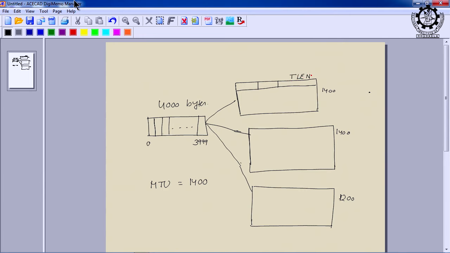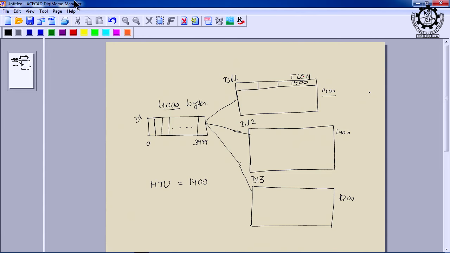In this case, if this is the D1 datagram, and this is D11, this is D12, this is D13, what will be the total length of the D11 datagram? This 4000 is divided into 3 fragments, 1400, 1400 and 1200. So, what will be the total length for this one?